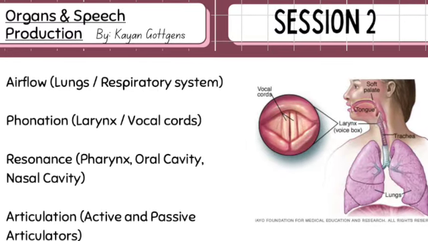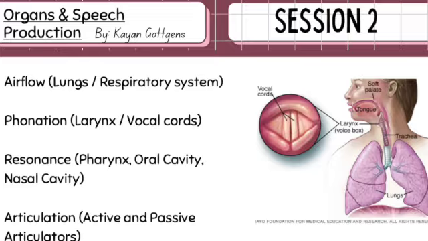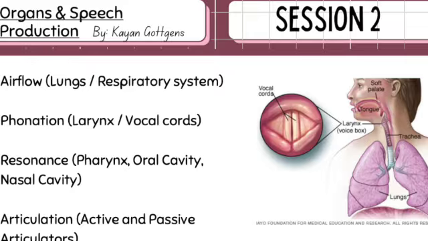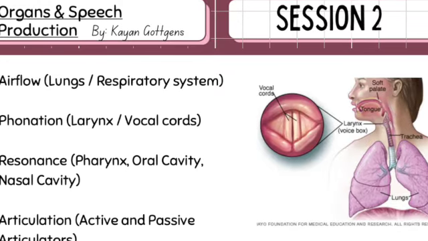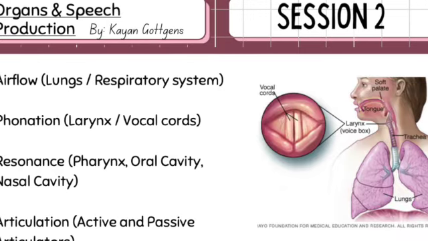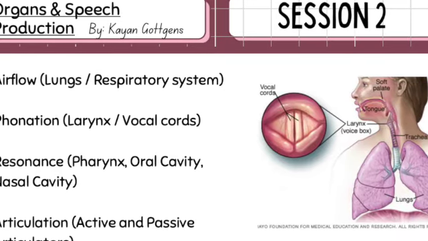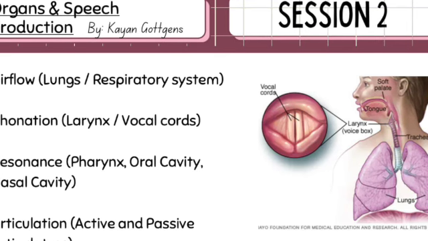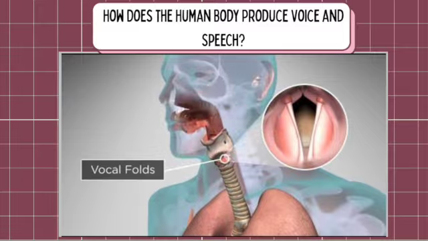This air moves up through the trachea into the larynx, where the vocal cords either vibrate or stay open. Vibrating vocal cords create voiced sounds such as b and z, while open cords create voiceless sounds like p and s.